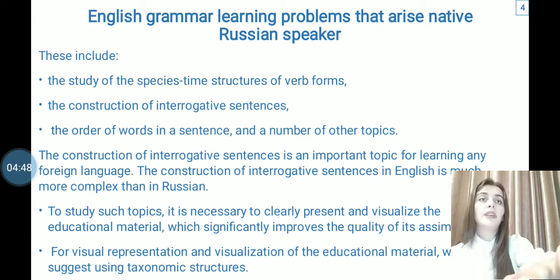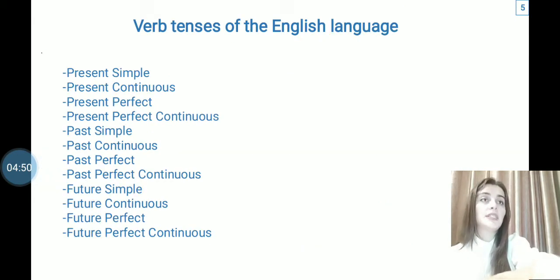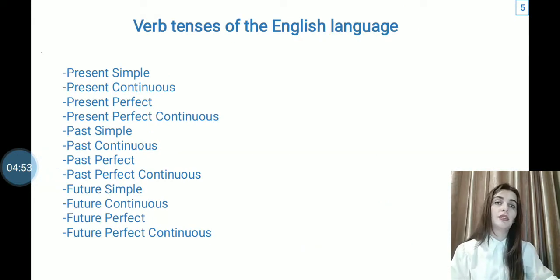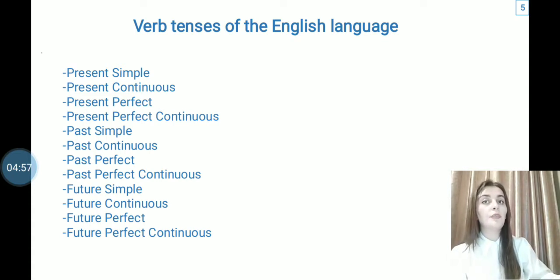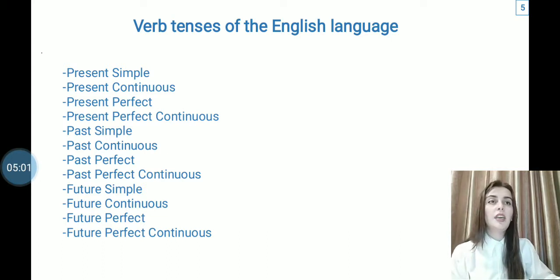We have shown that there is a problem of studying English grammar in practice. The complexity of verb tense constructions is due to the existence of many verb tenses that differ in their definition. In English, there are the following verb tenses: present simple, present continuous, present perfect continuous, also past groups and future groups.